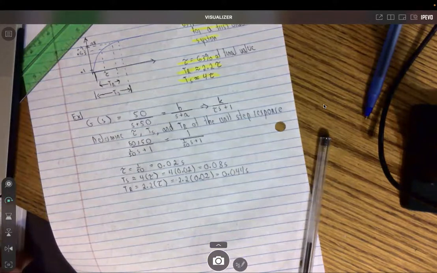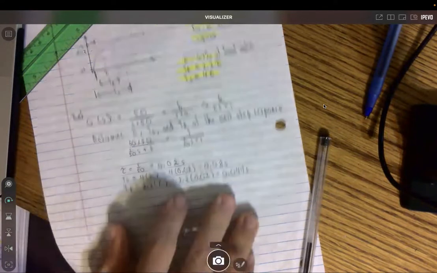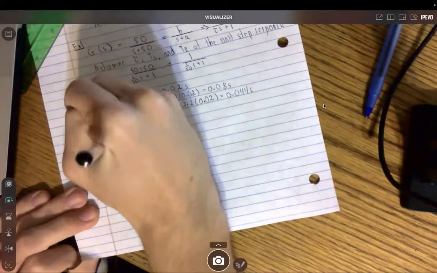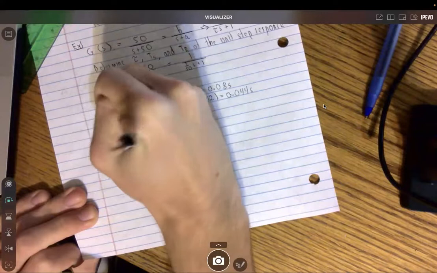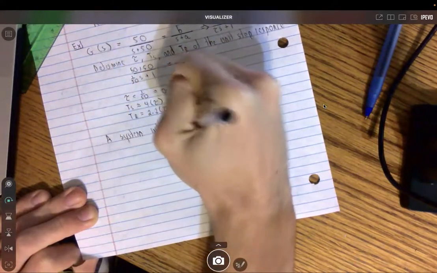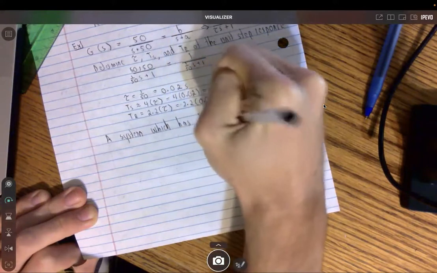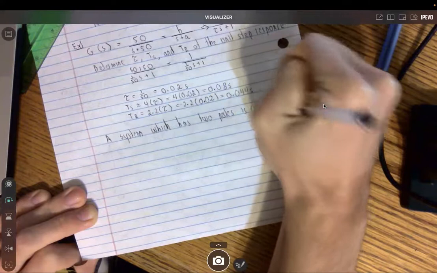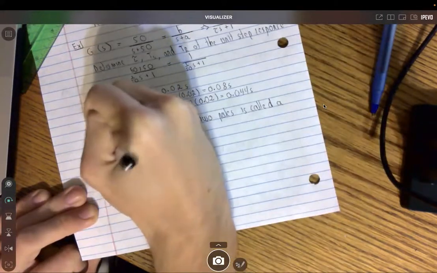Okay, the next one that we're going to do is we're going to look at a second order system. A system which has two poles is called a second order system.